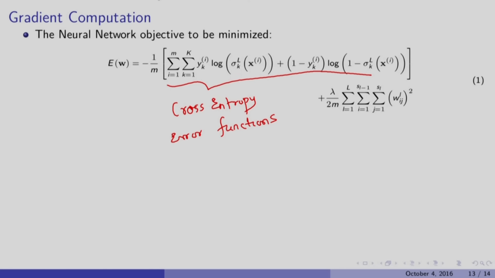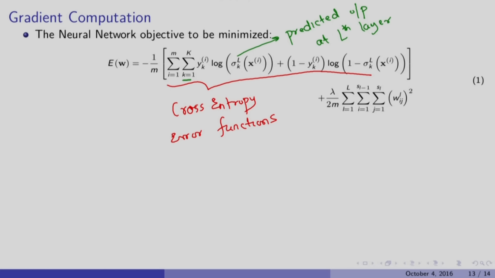Now in this case the predicted outputs are all at the Lth layer. In addition, we have capital K outputs. So unlike the logistic loss which had a single summation, here we have two summations, a summation over all the examples and a summation over all the outputs.